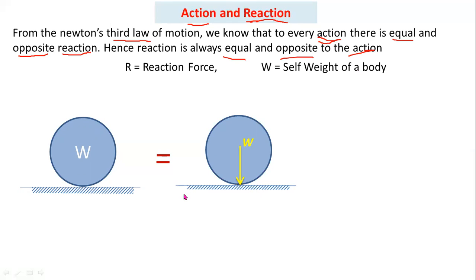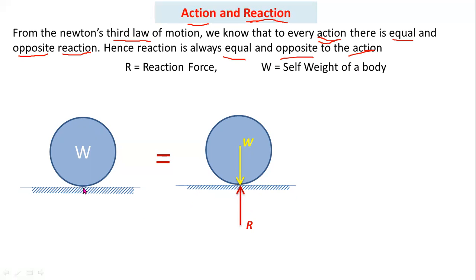Now due to this self weight, a force is exerted on the horizontal plane. Due to the action of this self weight, a normal, opposite reaction force will develop at the point of contact.